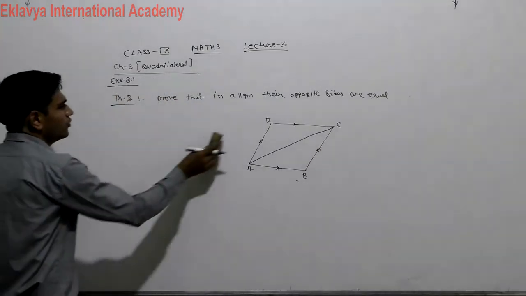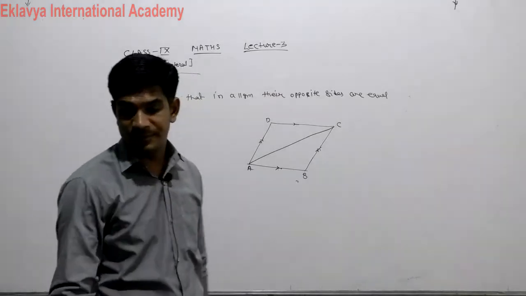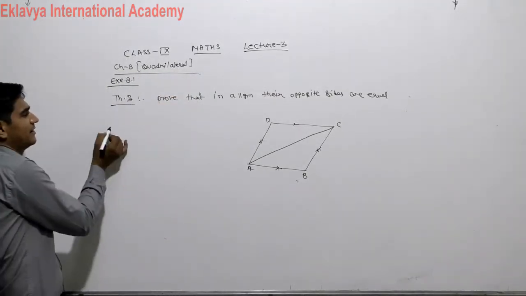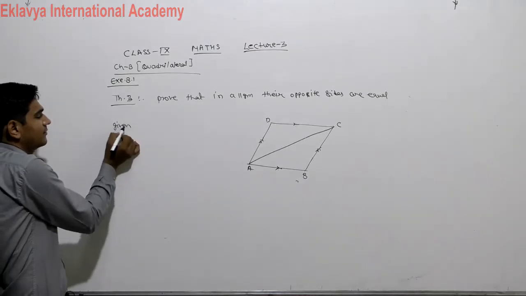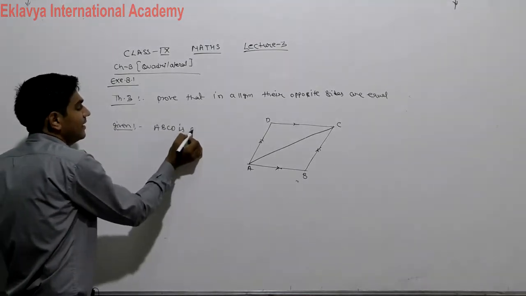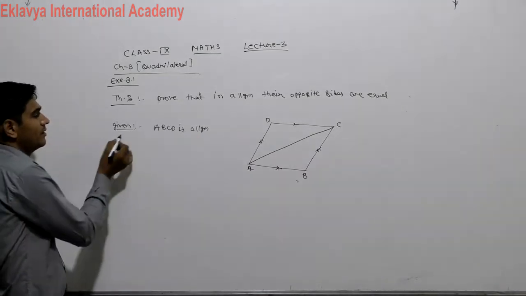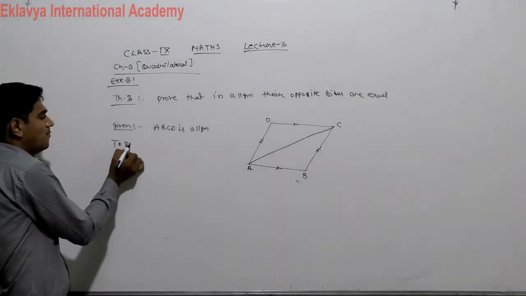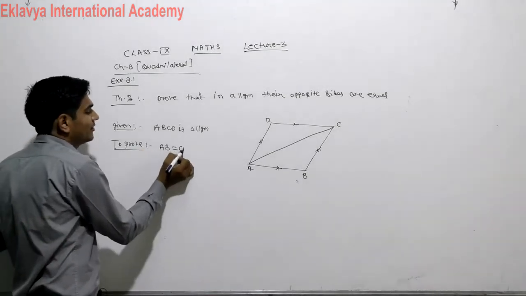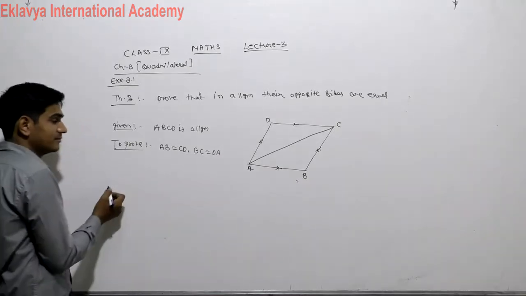So what is given to you? ABCD is the parallelogram, that is given to you. And what will we prove here? Their opposite sides are equal. So given is ABCD is a parallelogram. To prove: AB is equal to CD and BC is equal to DA.